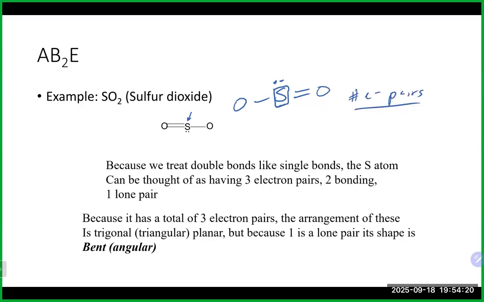I have one electron pair here. I have one electron pair here. And my double bond counts as how many? Just one. So remember, double bonds, triple bonds, single bonds, they all count as one electron pair and one bond. So that is 3 electron pairs. We have already seen something with 3 electron pairs. The electron pair geometry is going to be trigonal planar.